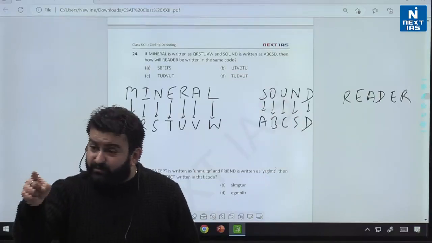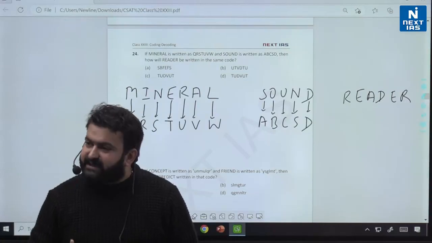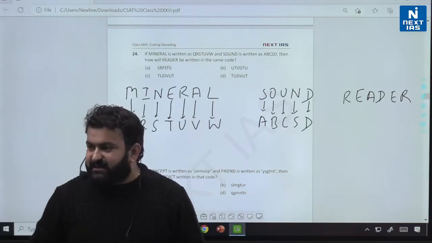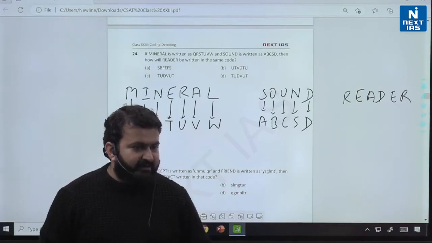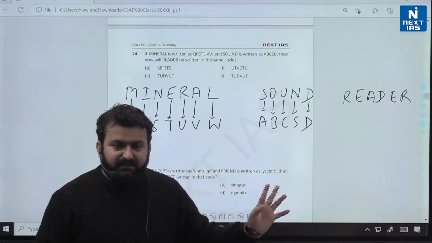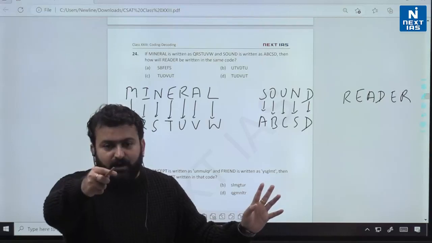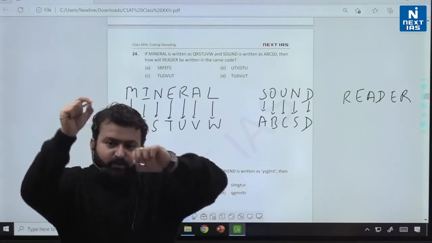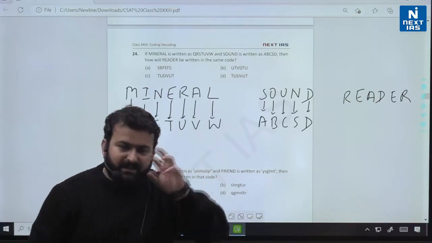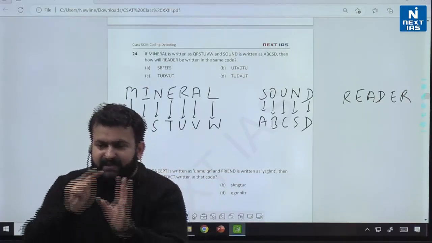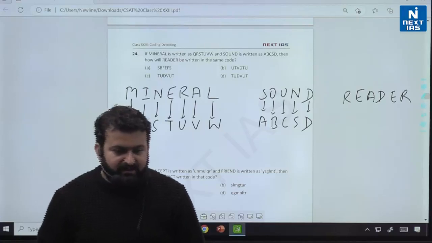Now all of you, what we do is we just find out the code for the given letter. Is it clear? Always remember, whenever 2 or 3 words are given and then a similar kind of question is asked, it means you have to pick up the code from the given words only. It is not pattern based, you have to just select the codes and then use them to answer.